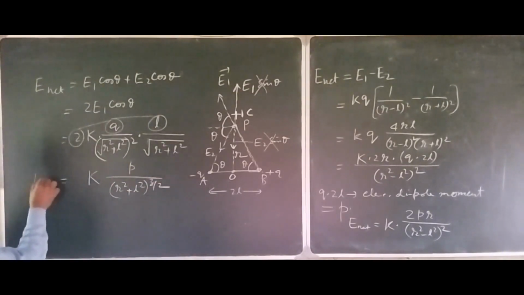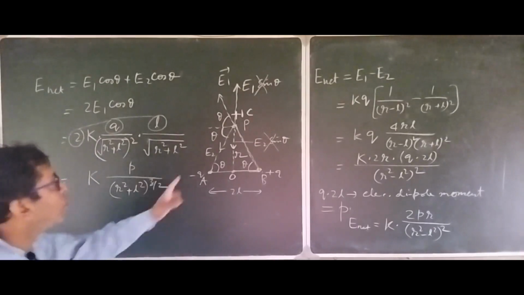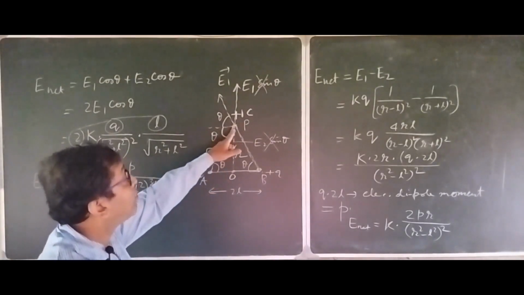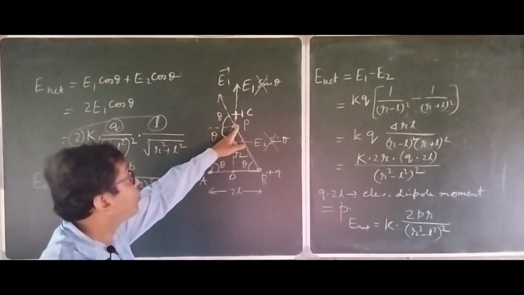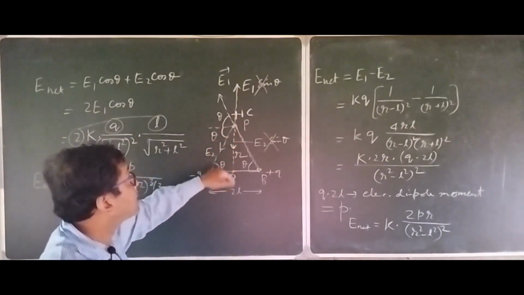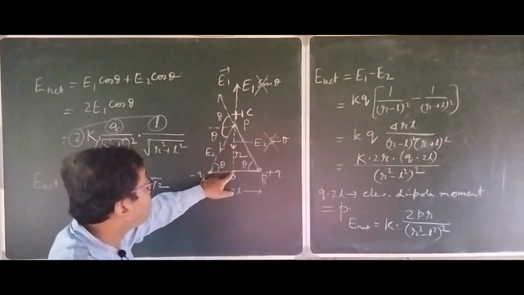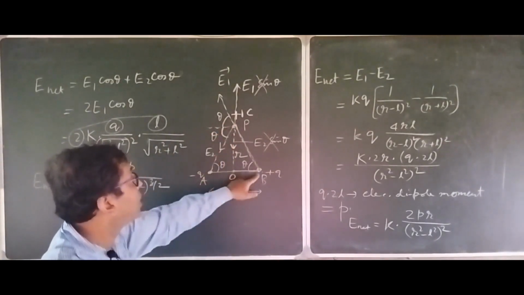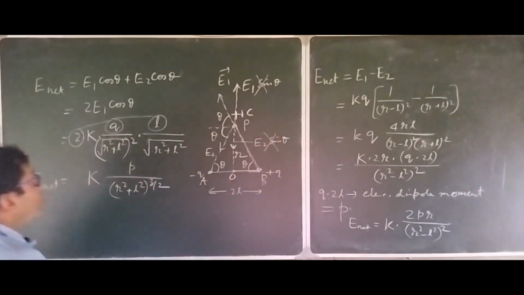So this is the amount of electric field intensity due to a dipole when a unit positive charge is kept at a certain distance on the perpendicular bisector of the dipole.